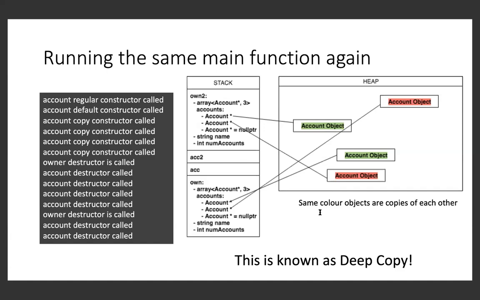If the deep copy really does copy everything, why would we ever use a shallow copy? Well, there are reasons why you would want to. Like I said at the beginning, the answer is always it depends. So sometimes you will have some use cases in which you want to use shallow copy.